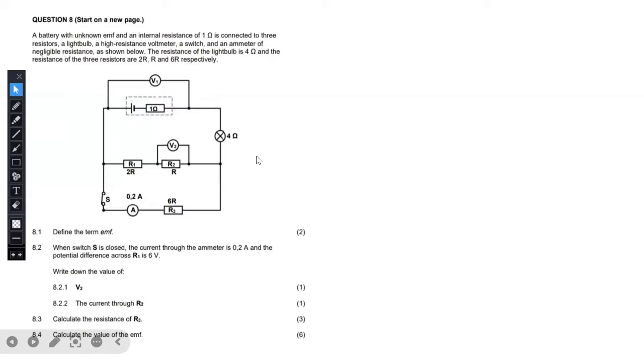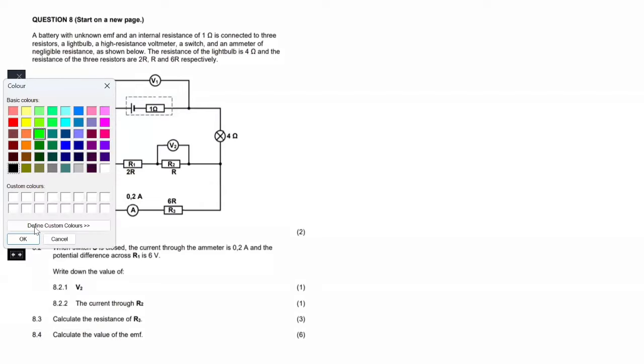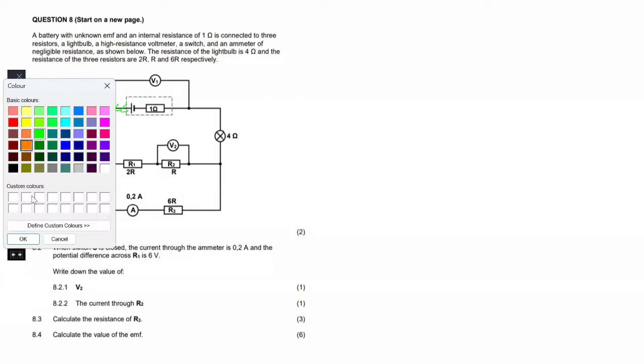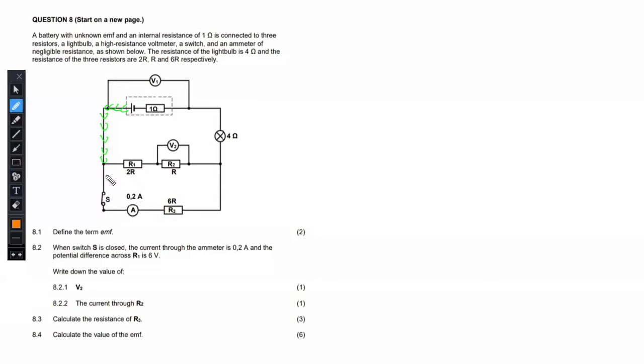Right, so we are given our circuit here below, and the first thing that we have to do is indicate which ones are in parallel and which ones are in series, right? Our current always flows from the positive terminal all the way back to the negative terminal. So this is our current flowing, but as soon as it gets to this point, we can see the current has more than one pathway to flow.